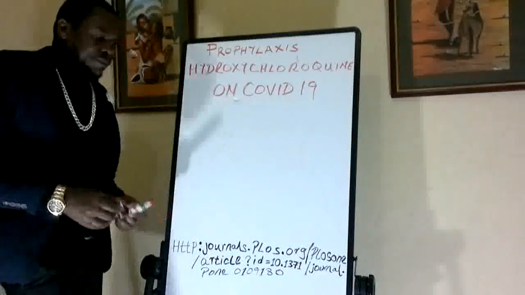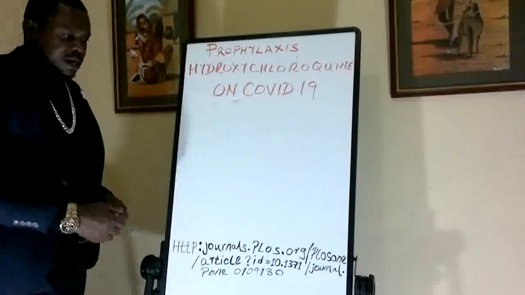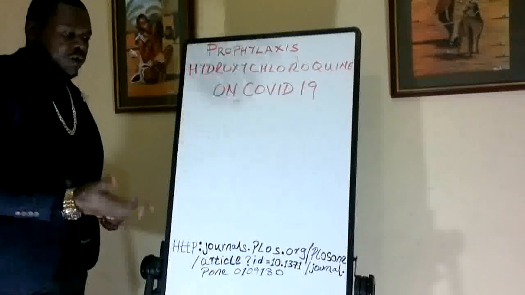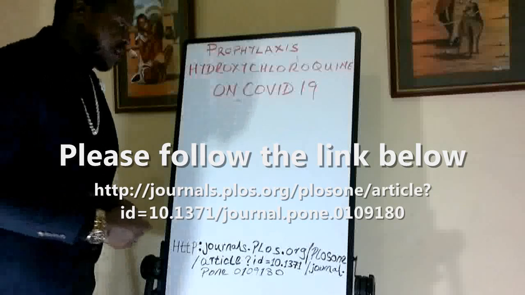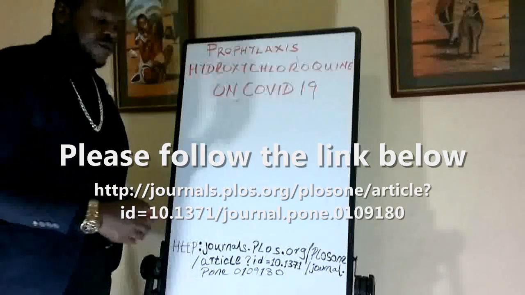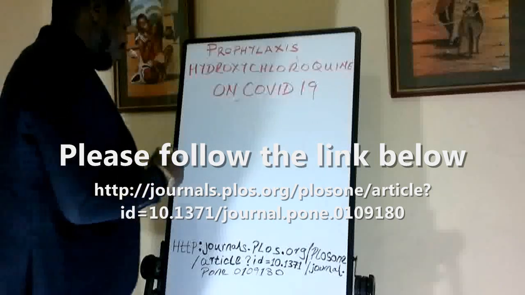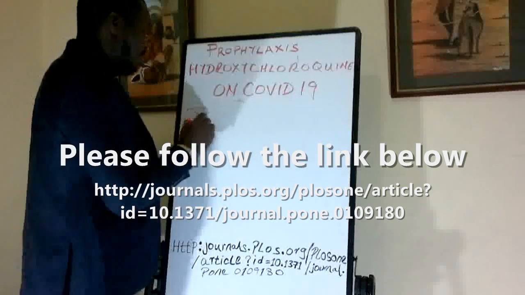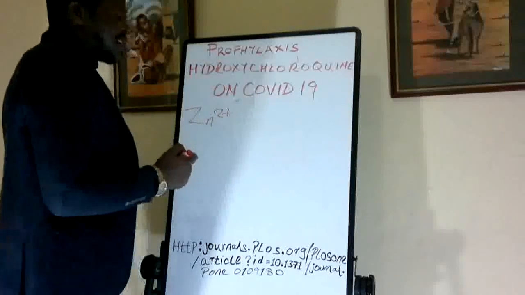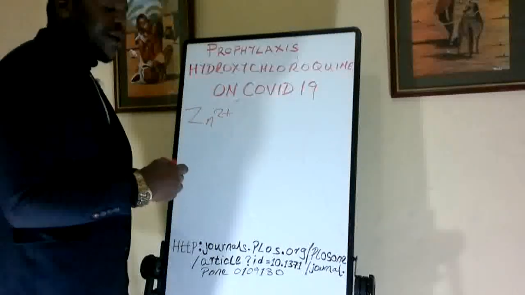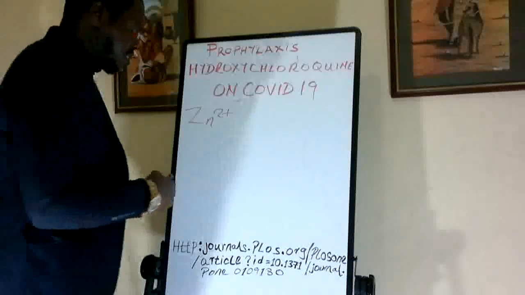And I had a link here, and if you follow this link, it will actually tell you what the South Korea COVID-19 Central Clinical Task Force found out about the use of chloroquine on COVID-19. So it was realized that zinc could actually inhibit the replication of the RNA cells.